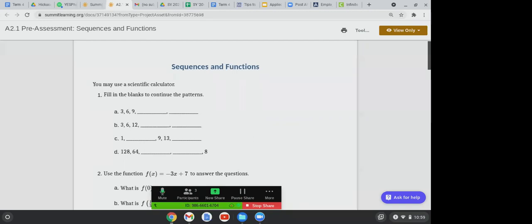Find that pattern in the middle, and then go backwards from 9, and then you will go forward from 13.